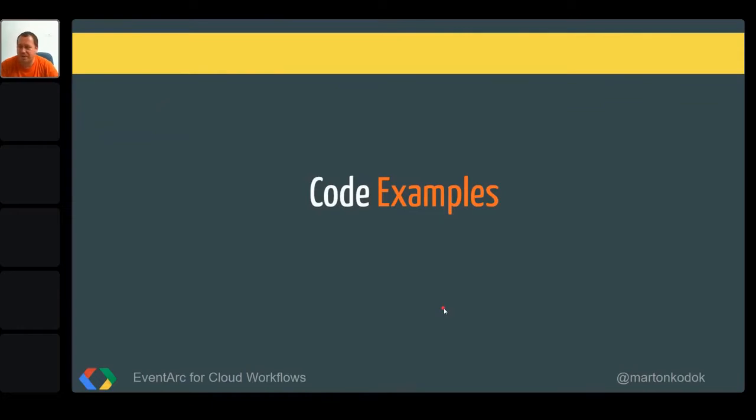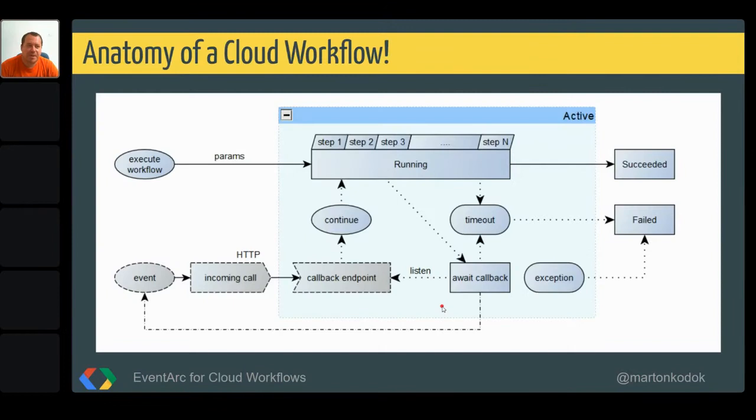Code example, because we are developers, we want to see code examples. In order to see code examples, let's first see the anatomy of a cloud workflow and how we are actually passing between the state machine and what workflow can offer. Well, eventually, when the workflow is being executed, there is a param section where you can pass arbitrary data or event data, whatever, and then there is a running phase which has multiple steps in it.